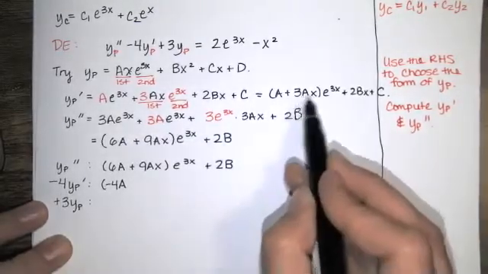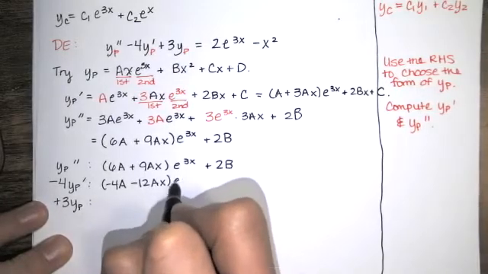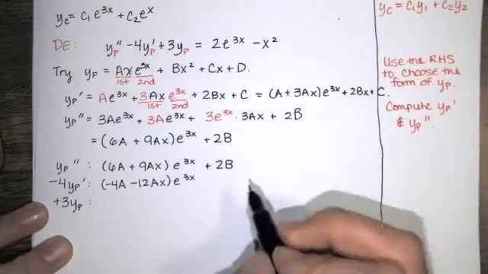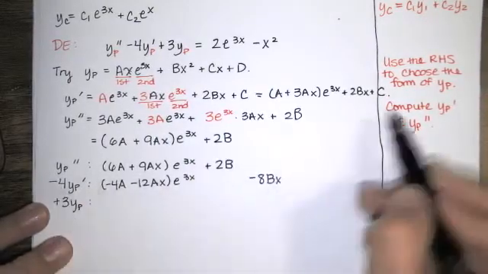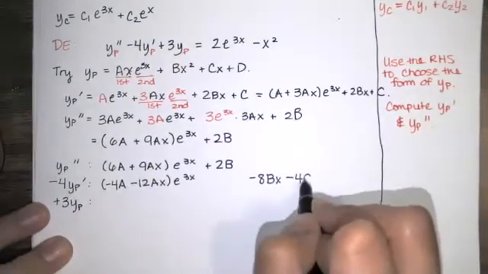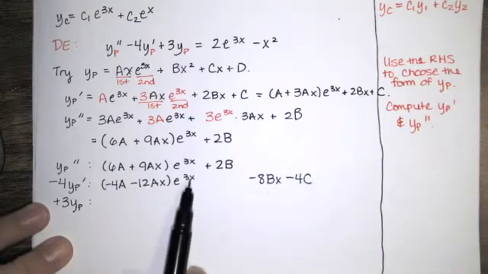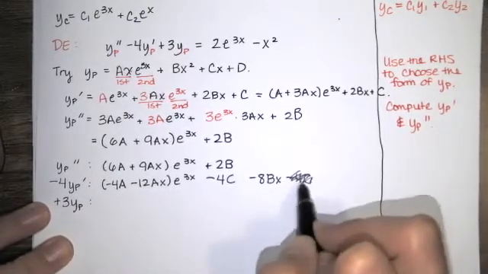And then -4 times this piece is -12ax times the exponential. -4 times that 2bx is -8bx. -4 times the c is -4c. Oops, that's a constant term. That should be over here. Let's not do that.